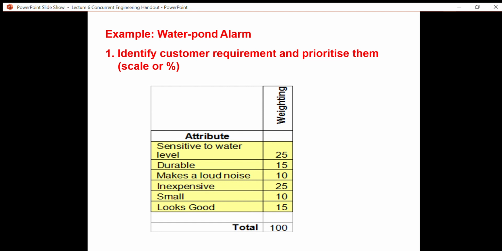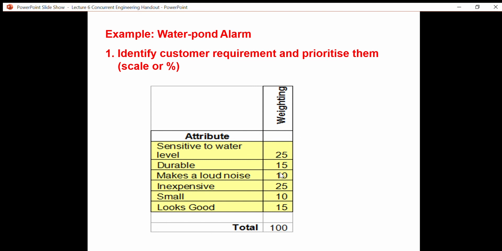We try to design, so we do a market survey to see the weightage, and then we make the ranking from there. So from here we can see that inexpensive and sensitive to water level have the highest weightage.